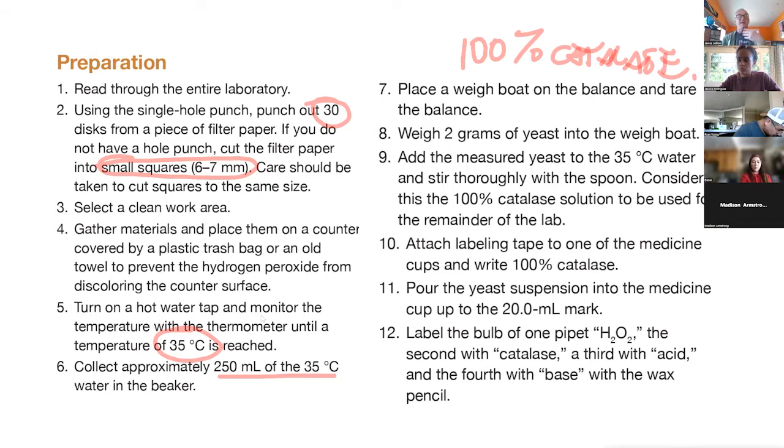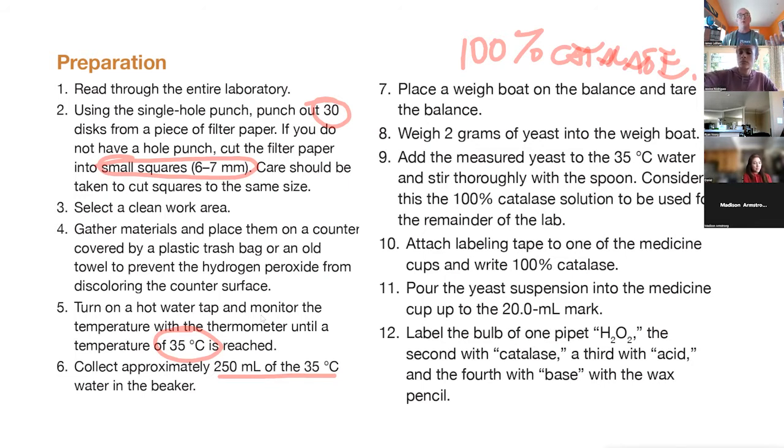And it recommends for this particular lab, if it takes more than an hour to do one particular lab, just make another batch of catalase. Just get another 250 mils of 35-degree water and another 2 grams of yeast, and just make another one.